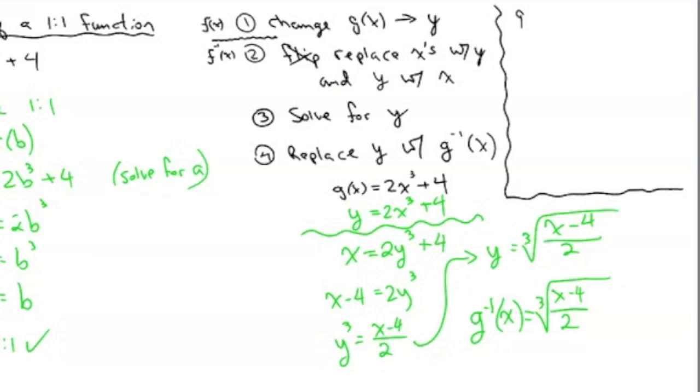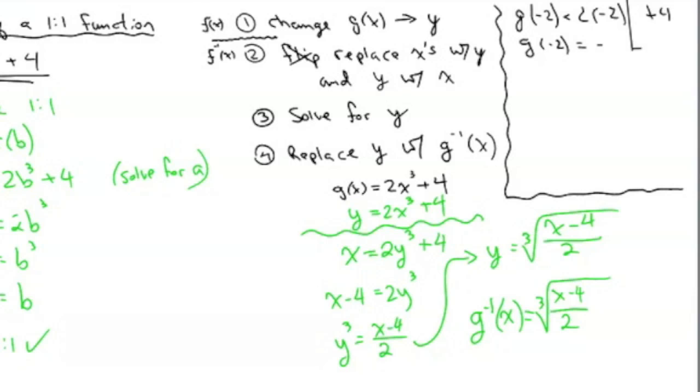So, what if I want to find g of negative 2? So I'm going back to my g function over here. If I plug in negative 2, you get 2 times negative 2 all to the third power plus 4. You do the exponents first. That's negative 8 times 2 is negative 16 plus 4 is negative 12.